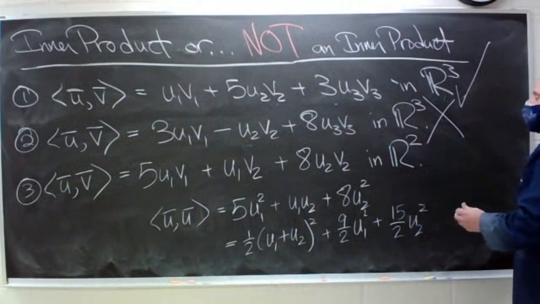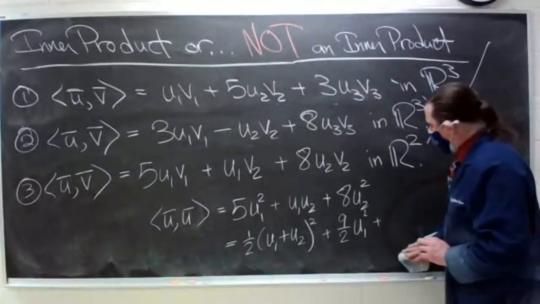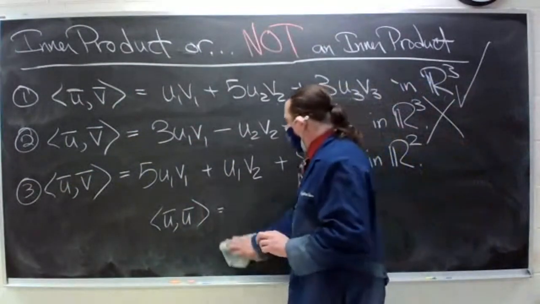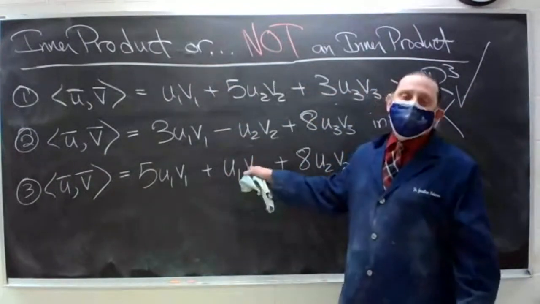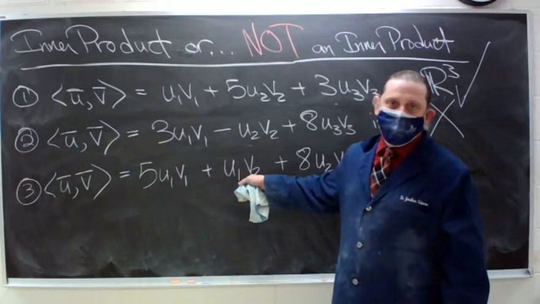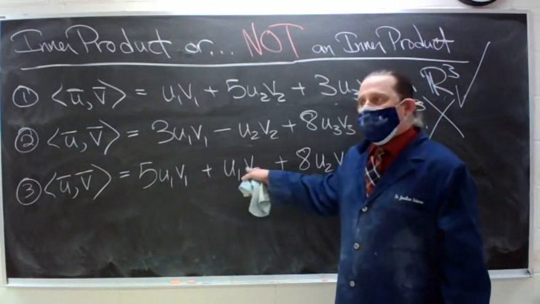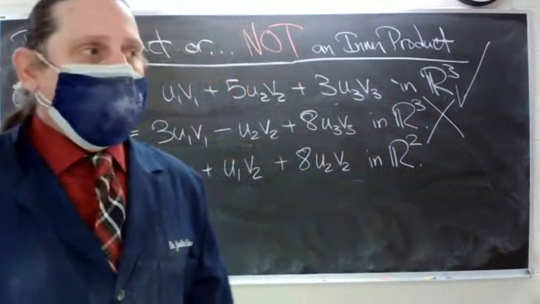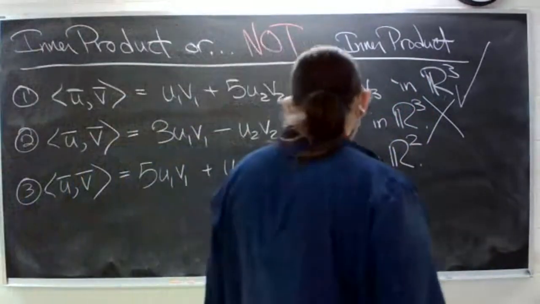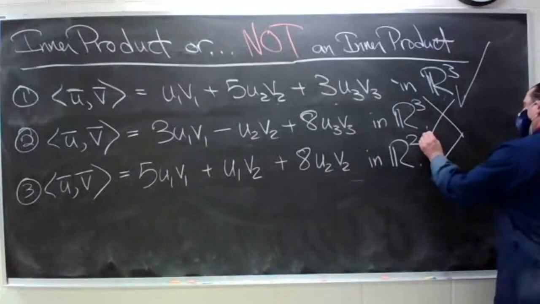And that was property 2. Symmetry. I mean, come on. This is an explicit violation of symmetry. U1, V2. That ain't gonna work. All right? So this violates symmetry.